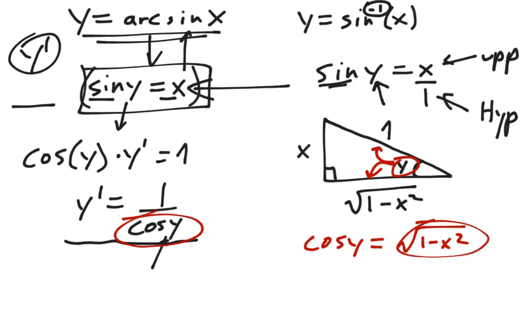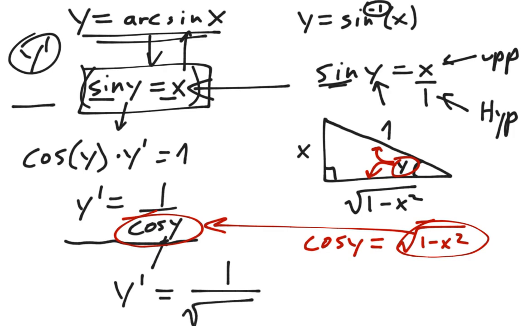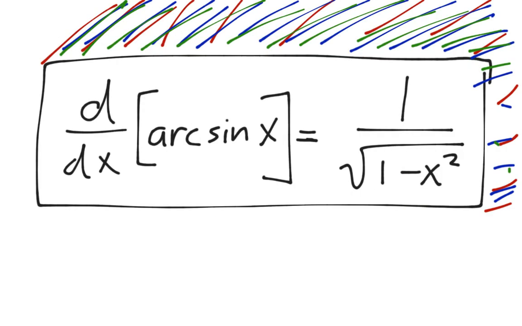So I'm going to plug this in for cosine of y. I get y prime equals 1 divided by the square root of 1 minus x squared. If we bring this back to the original problem, we get, yay! The derivative of the arc sine of x equals 1 divided by the square root of 1 minus x squared.